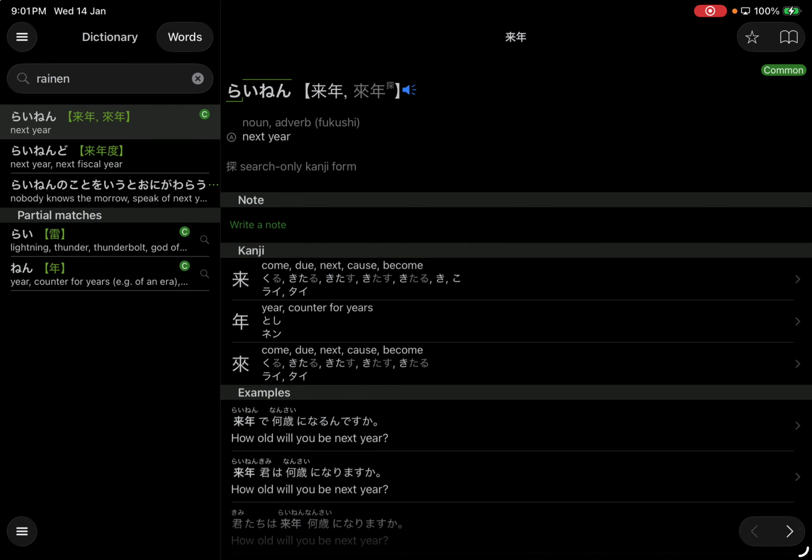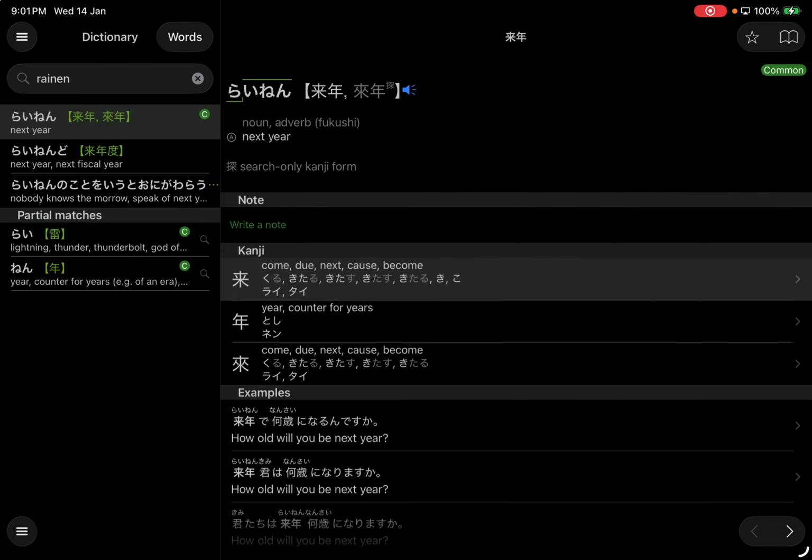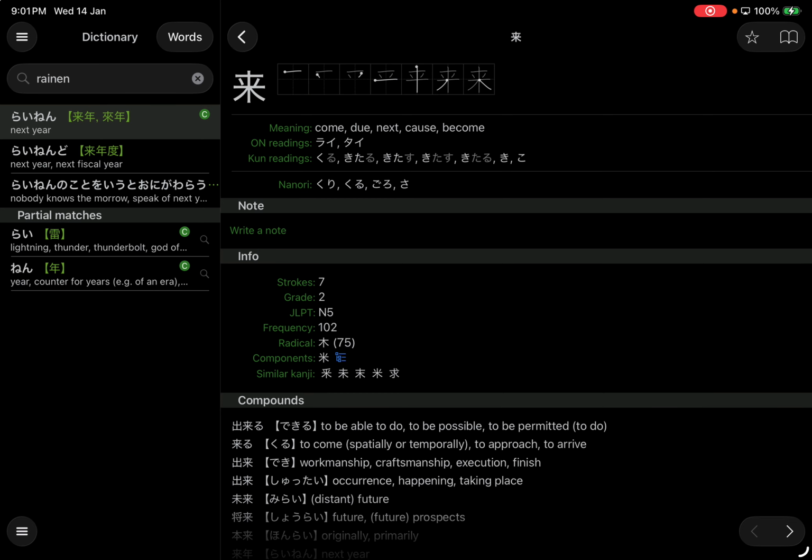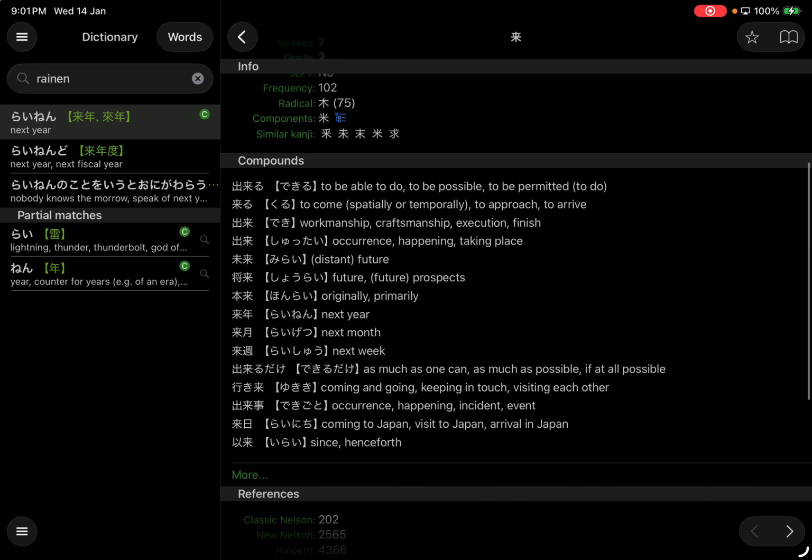Right? So this 来 simply means coming. It has many meanings because it's paired with different words, but the most common meaning is, kuru means to come. So when we say 来年, it's like the coming year.